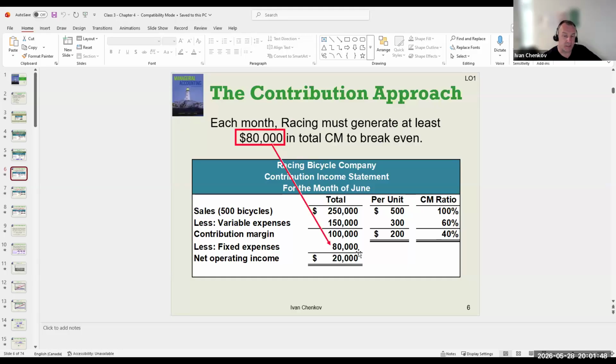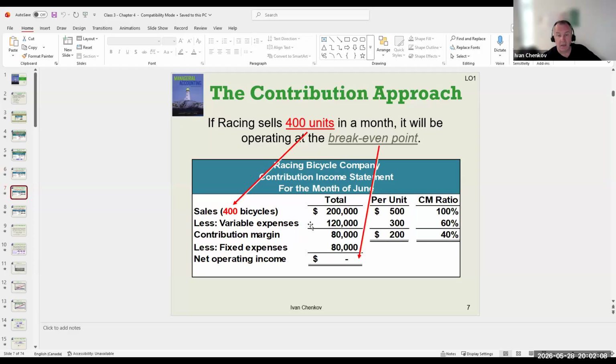So what does that mean? That means that this company, in order to break even every single month, has to generate a contribution margin at least equal to the fixed cost. For break-even, the fixed cost. To generate profit, more than the fixed cost. Let's pretend they're at the break-even.